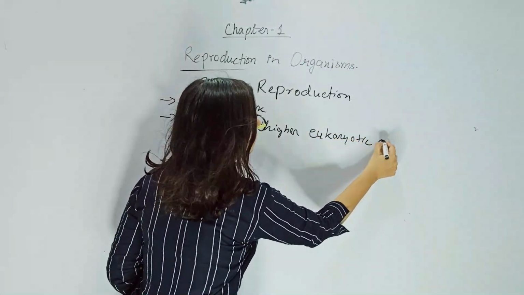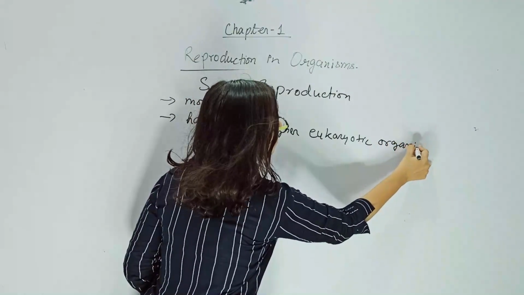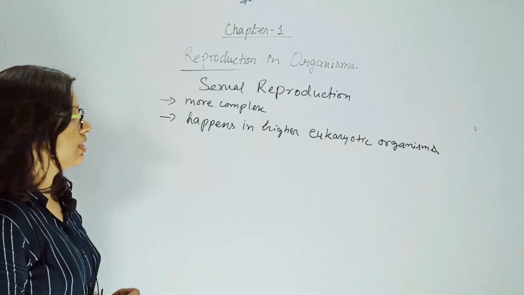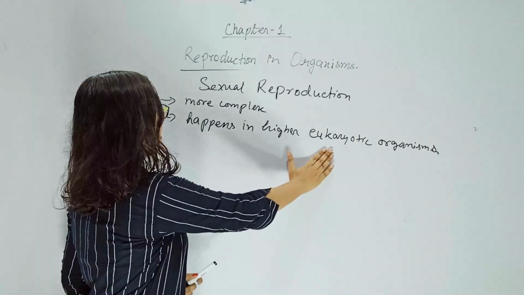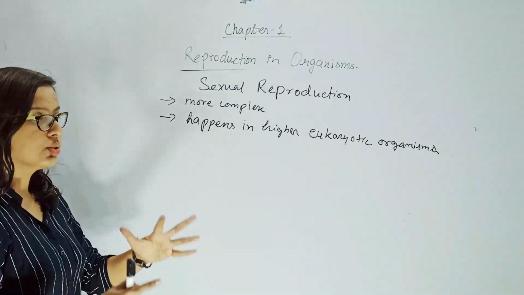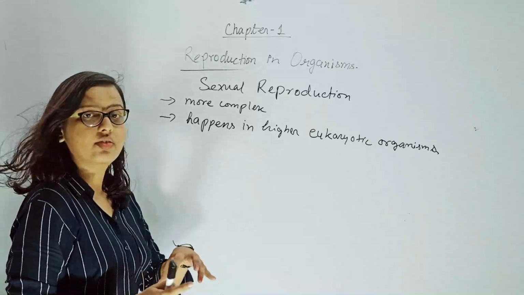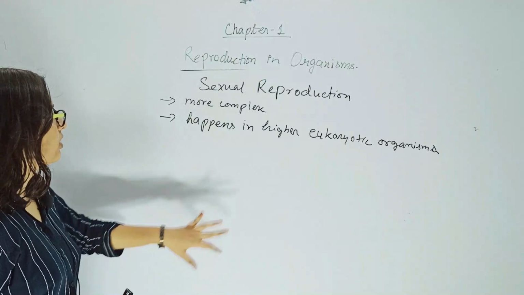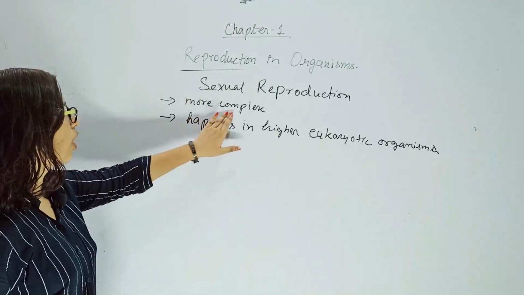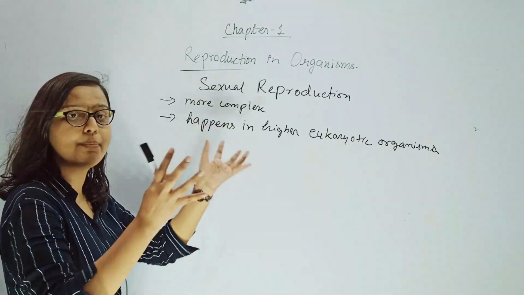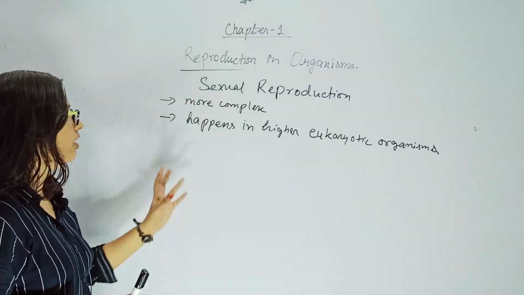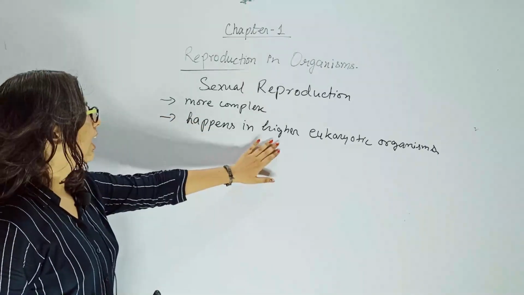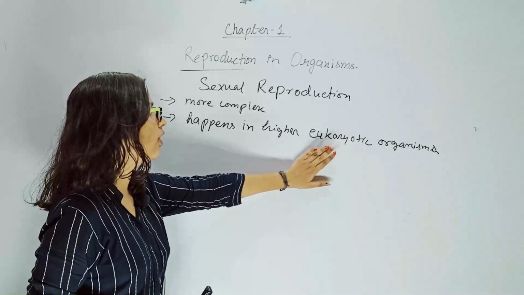In the higher eukaryotic organisms, there are specific structures which help in sexual reproduction. So this sexual reproduction is more complex, therefore it requires a proper organ system. Then there is a proper mechanism for it to happen, and it is found in the higher eukaryotic organisms.